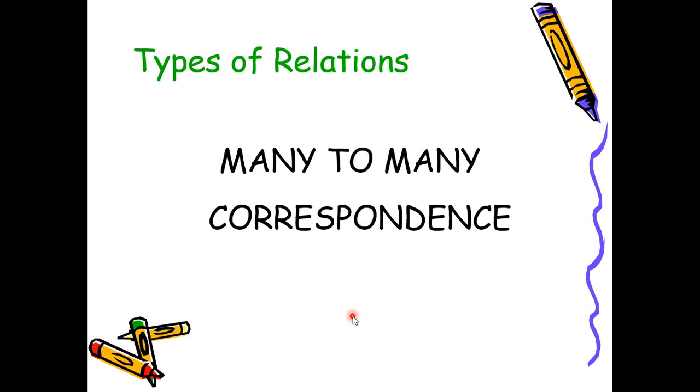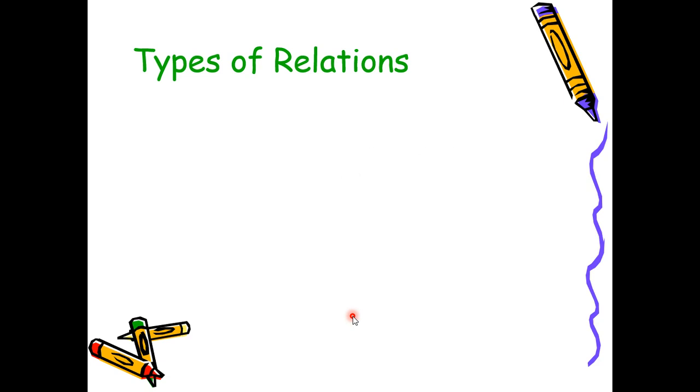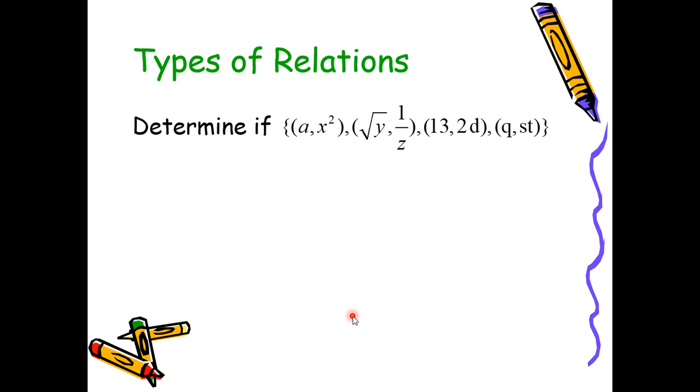So teacher will tell you, magbibigay si teacher ng examples neto, and then i-relate natin siya kay function. Okay, example number one. So let's determine if this set of ordered pairs can represent a function.